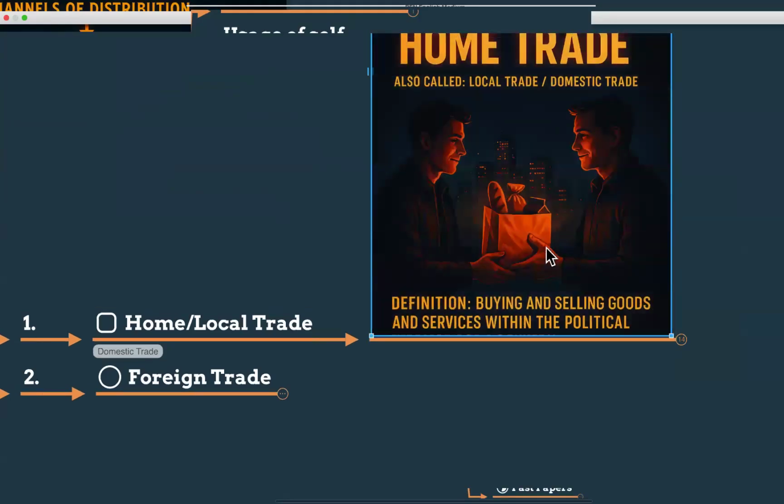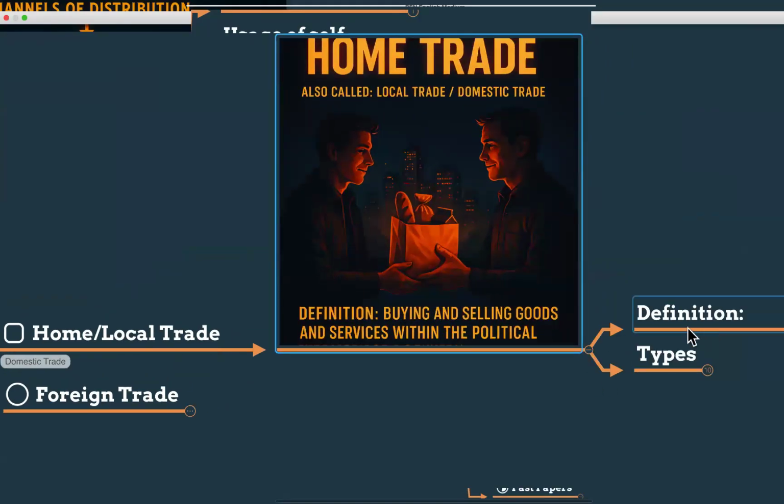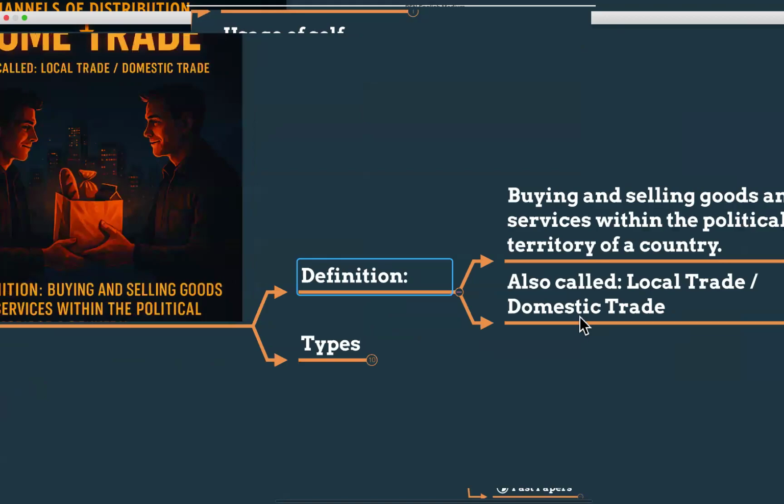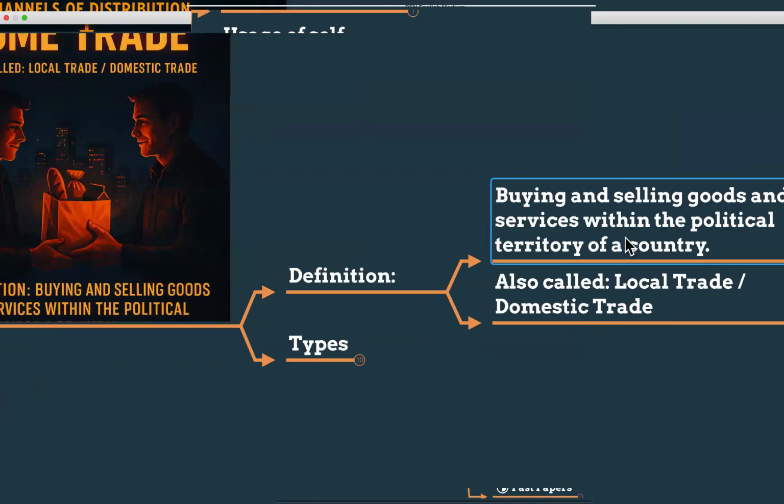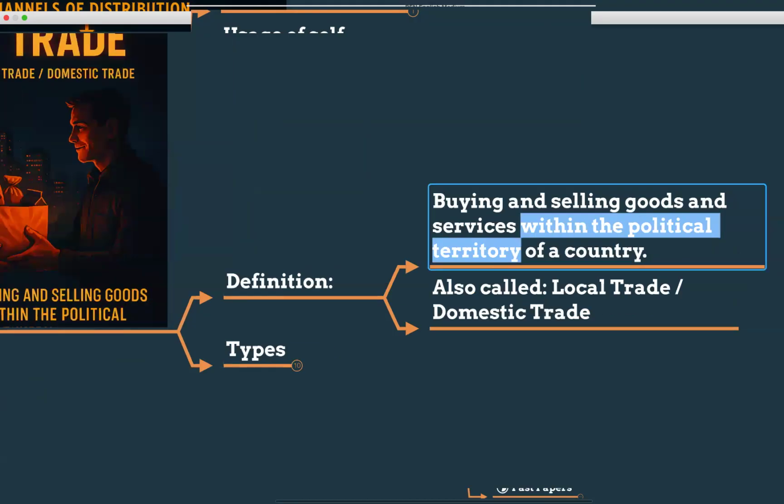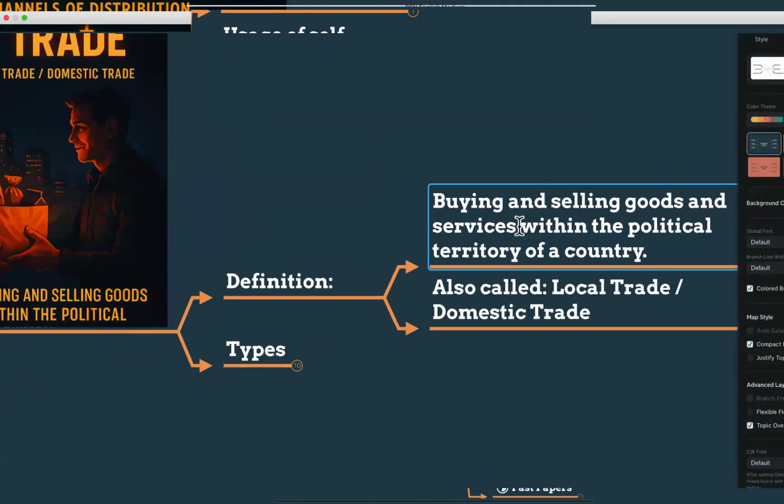Let's see the definition of home or local trade or domestic trade: buying and selling goods and services within the political territory of a country. What does political territory mean?